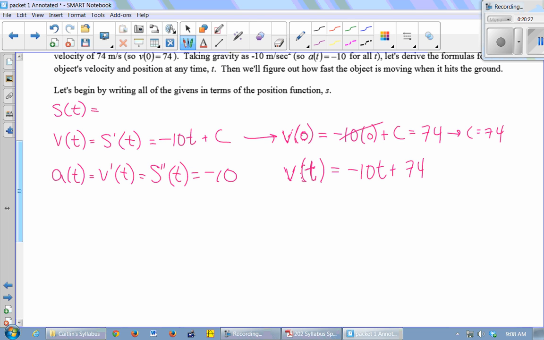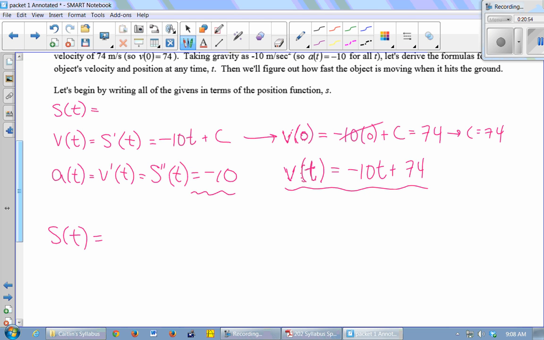All right, so if I now have a formula for acceleration that was given, and I have a formula for velocity, so that's one of the things I was trying to find, a formula for the object's velocity, how can I find a formula for the object's position? Take an antiderivative of velocity, yeah. So I think I'll write it down here instead of going back up to there.